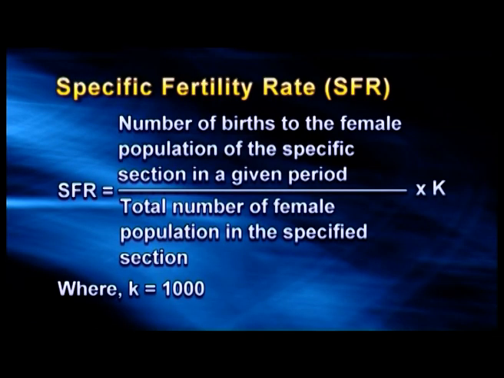Specific fertility rate is defined as: specific fertility rate is equal to the number of births to the female population of the specific section in a given period, divided by the total number of female population in the specified section, into K, where K is usually 1000.